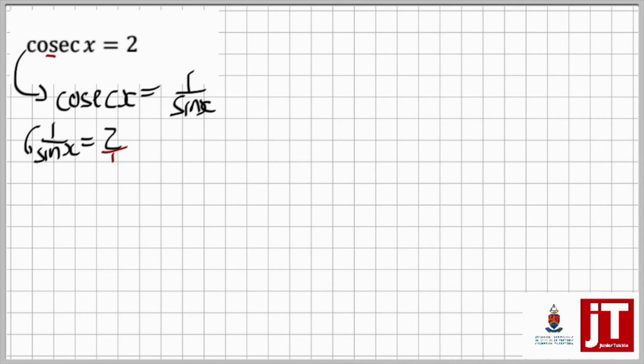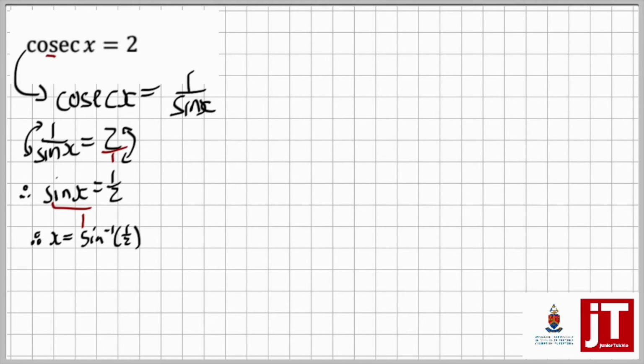But let's quickly reciprocate. So sin x, or sin x over 1 if you want to put the 1 there, it doesn't really make a difference. But now I'm sitting with sin x equals 1/2. Do you know how to do this? I hope so. Let's unwrap the gift.